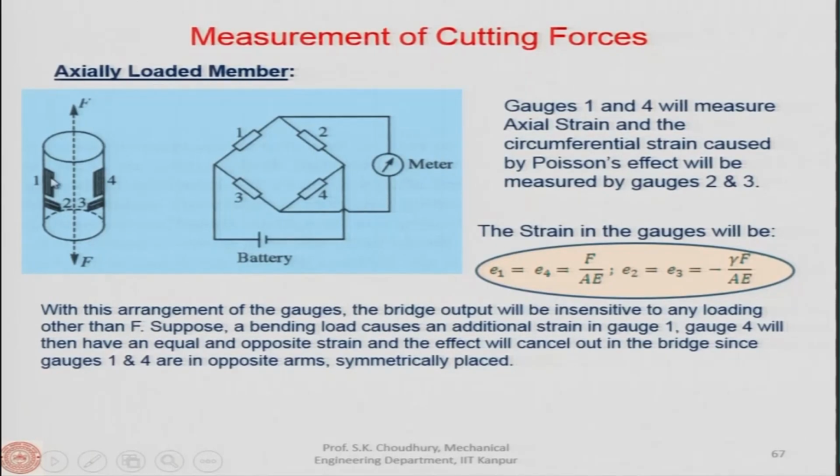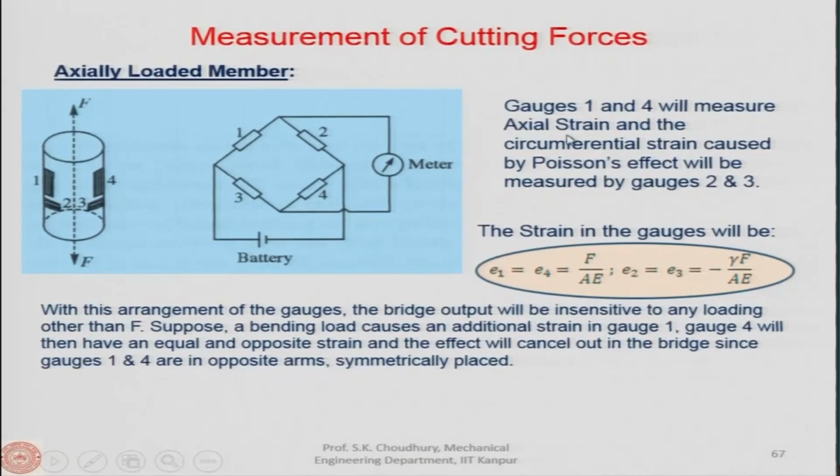The strain gauges are mounted in diametrically opposite directions, 1 and 4, and perpendicular to that direction will be 2 and 3.